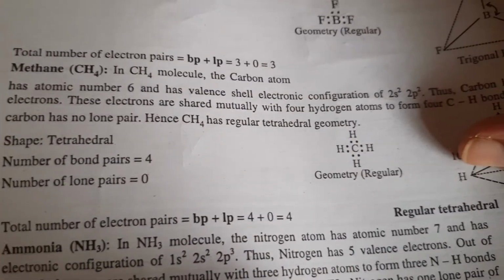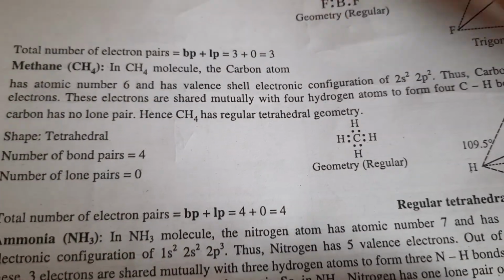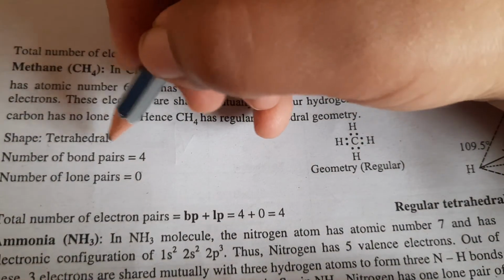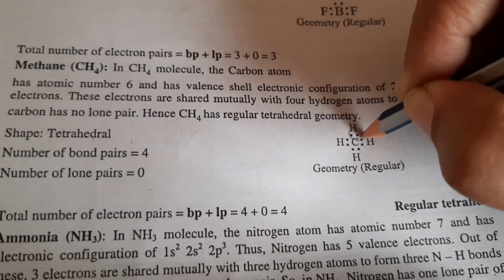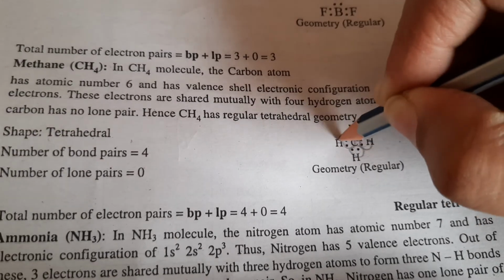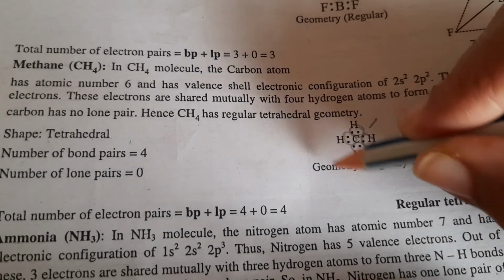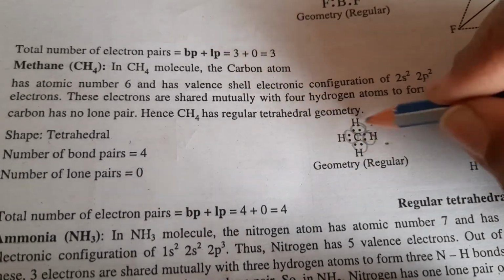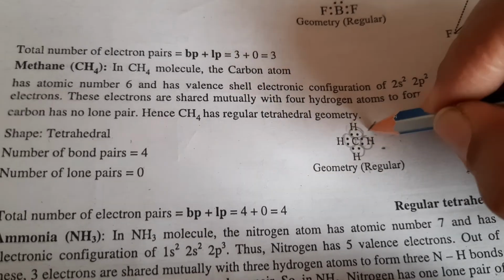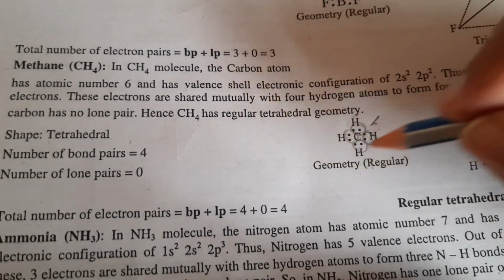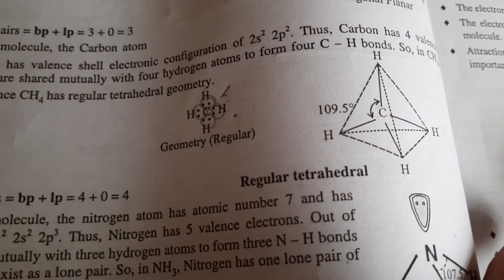Now consider the methane molecule. It has 4 pairs of bond pair electrons: first pair, second pair, third pair, fourth pair. The bonds must be retained at right angles to each other, but the geometry is said to be regular tetrahedral.